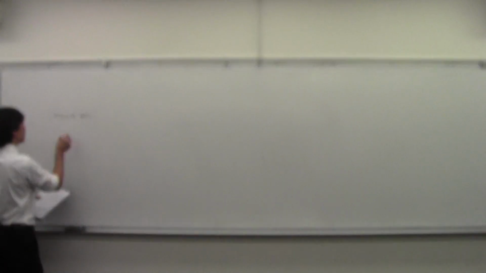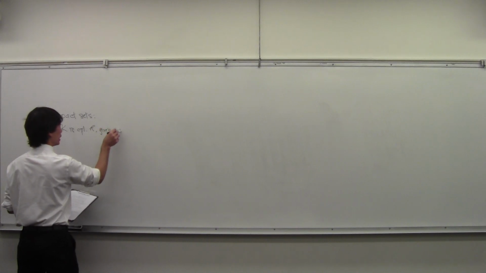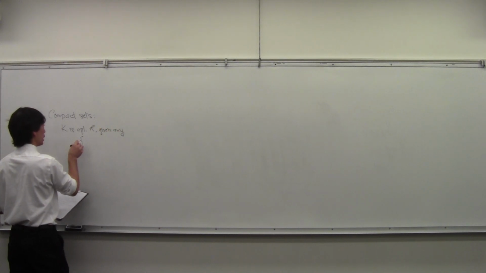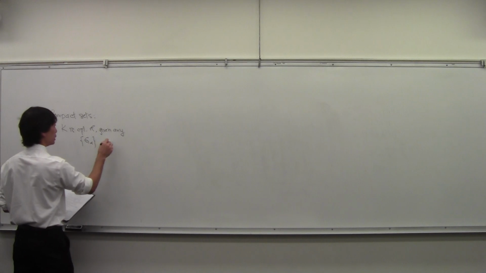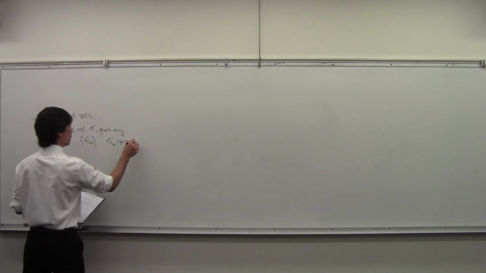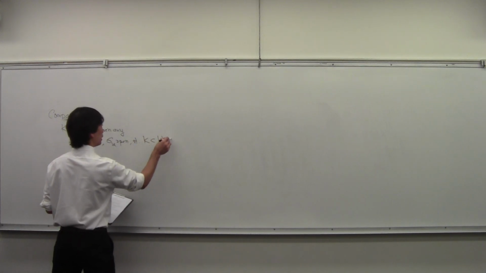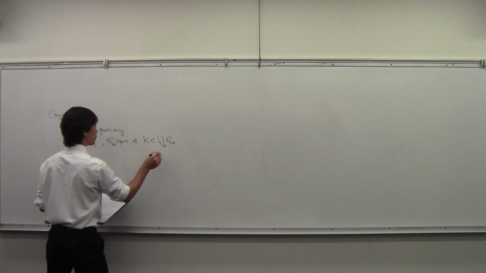Compact set. Right. So K is compact if, given any collection of sets G alpha, where the G alpha are open sets, such that K is contained in the union of the G alpha, right?